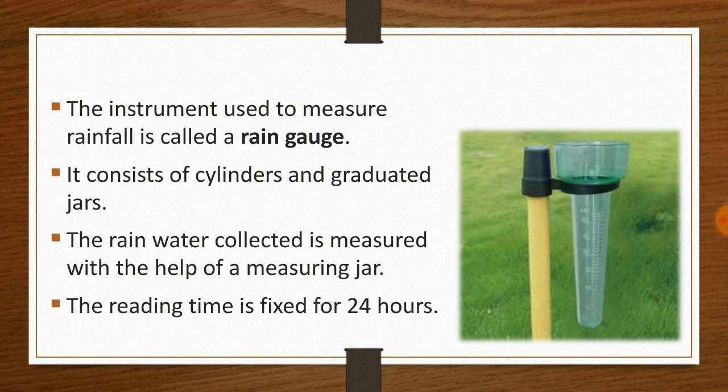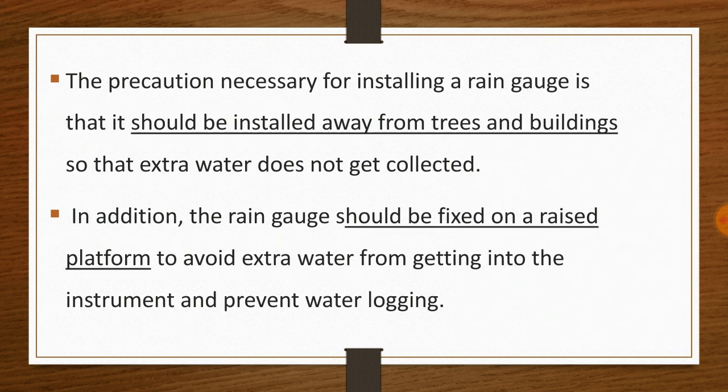If it is starting from 12 in the afternoon, next day 12 p.m. we consider as the one day of measuring rain. We need to take some precautions very necessarily while we install a rain gauge. First of all, it should be installed away from trees and buildings. Why is it?